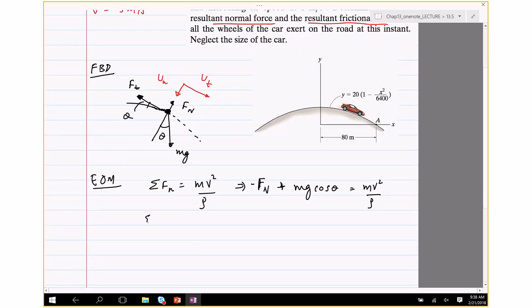Okay, next Ft equals mv dot. Note that I drew Ft pointing along the left side because the friction force always opposes motion. The car is moving to the right. So Ft is going to be negative. Ft equals mass times v dot.